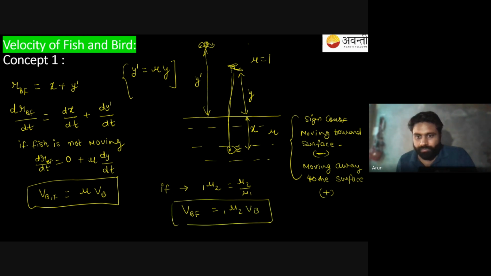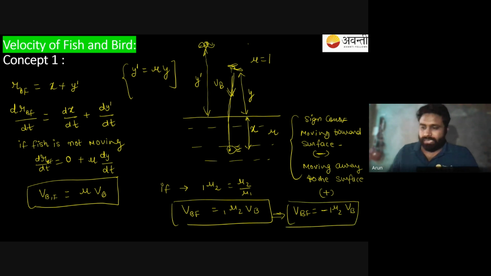And if it is moving towards the surface, if I consider this the direction of velocity of bird, then the formula becomes velocity of bird with respect to fish is minus 1 mu 2 times velocity of bird. However you have chosen the sign convention, this minus would appear from that convention also.